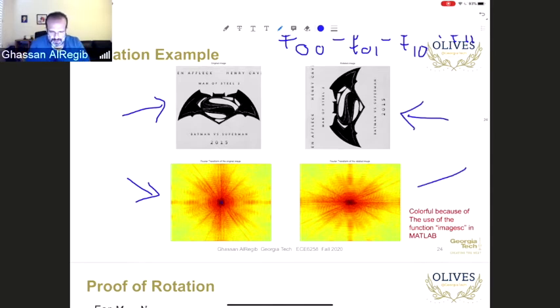What happens to the DFT? It rotates. Right away you can see that from the spectrum. So without even looking at the image, you can say from the relationship between these two DFTs that they are nothing but rotated versions of each other. So right away you know what happened to the image.